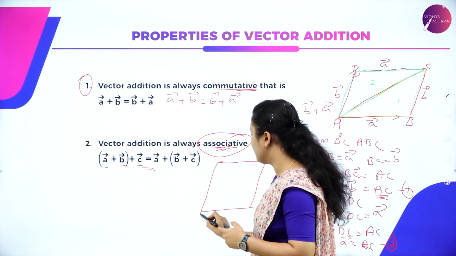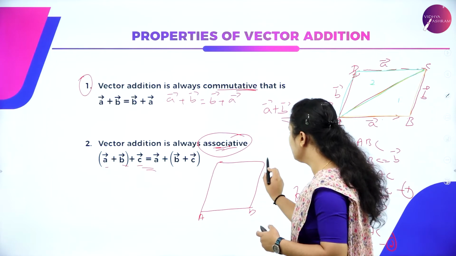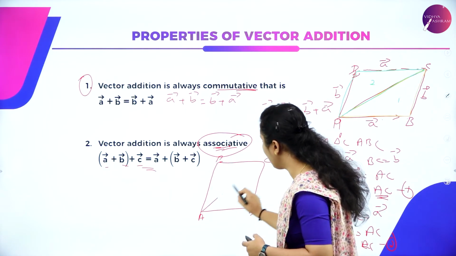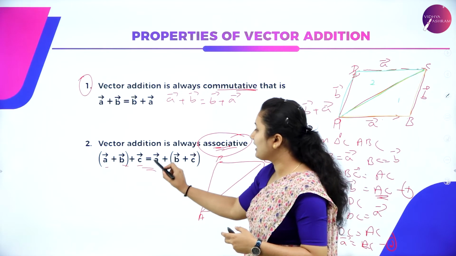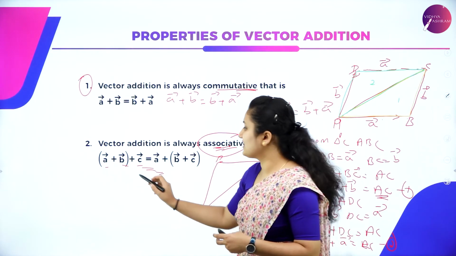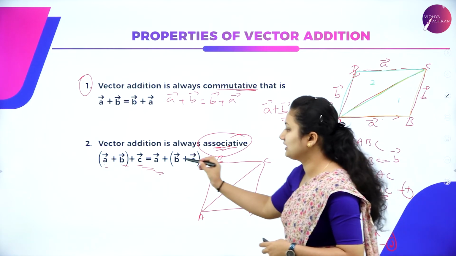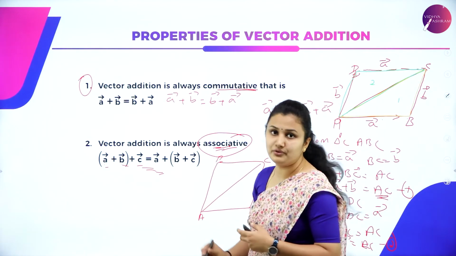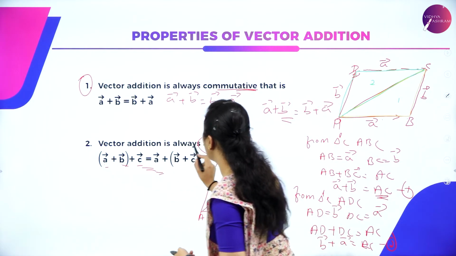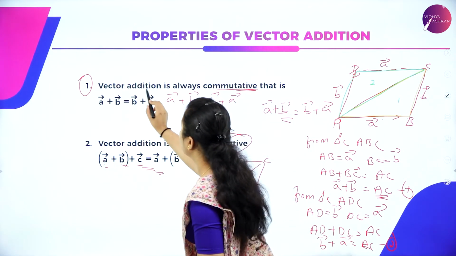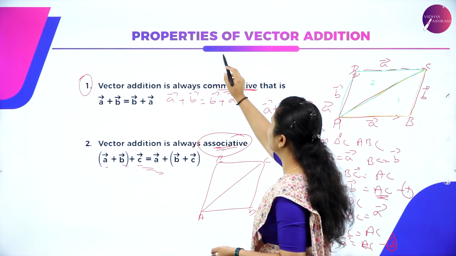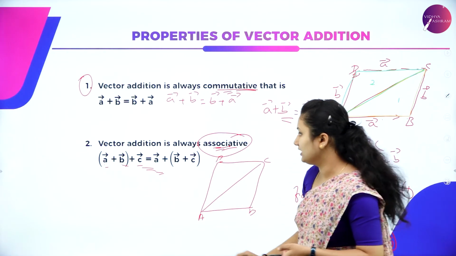By taking a parallelogram ABCD and a diagonal. Similar to commutative, but here you have three vectors instead of two. So vector addition is always associative, vector addition is always commutative. That is the properties of vector addition.